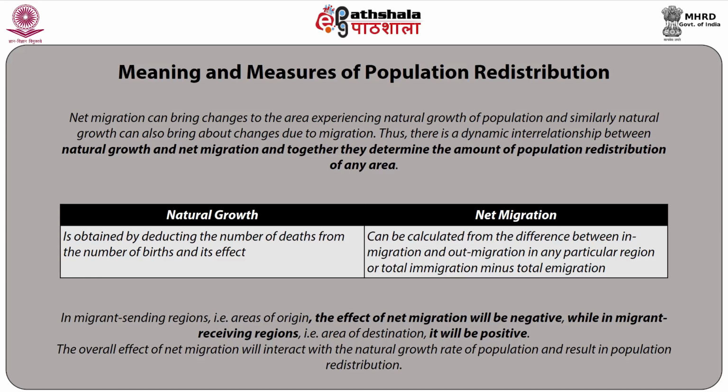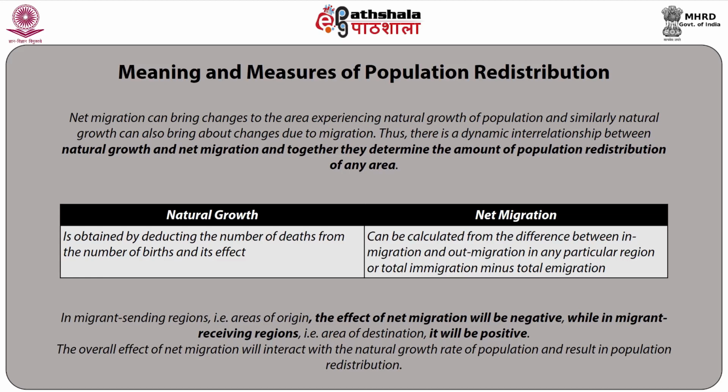redistribution of any area. The natural growth of any particular region is obtained by deducting the number of deaths from the number of births, and its effect, whether positive or negative, will depend on the stage of demographic transition the region is experiencing. On the other hand, net migration can be calculated from the difference between in-migration and out-migration in any particular region, or total immigration minus total emigration.